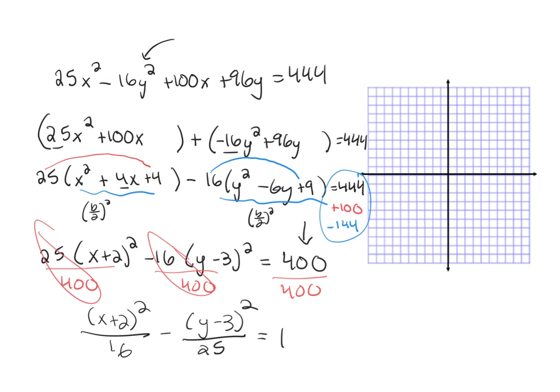And now let's put it on the graph. We have the center at (-2, 3). Let's see, vertices left and right 4. Co-vertices up and down 5. Sketch the box.